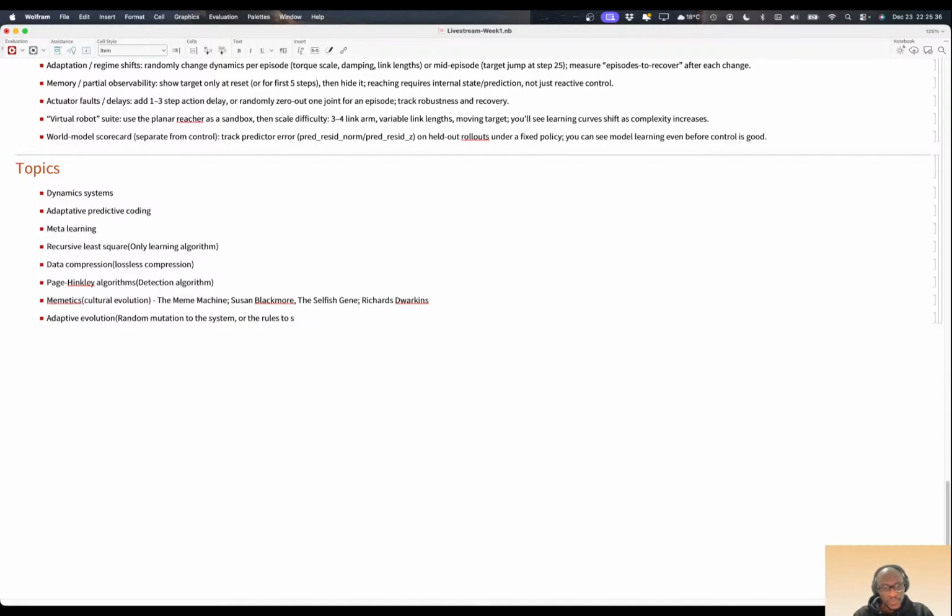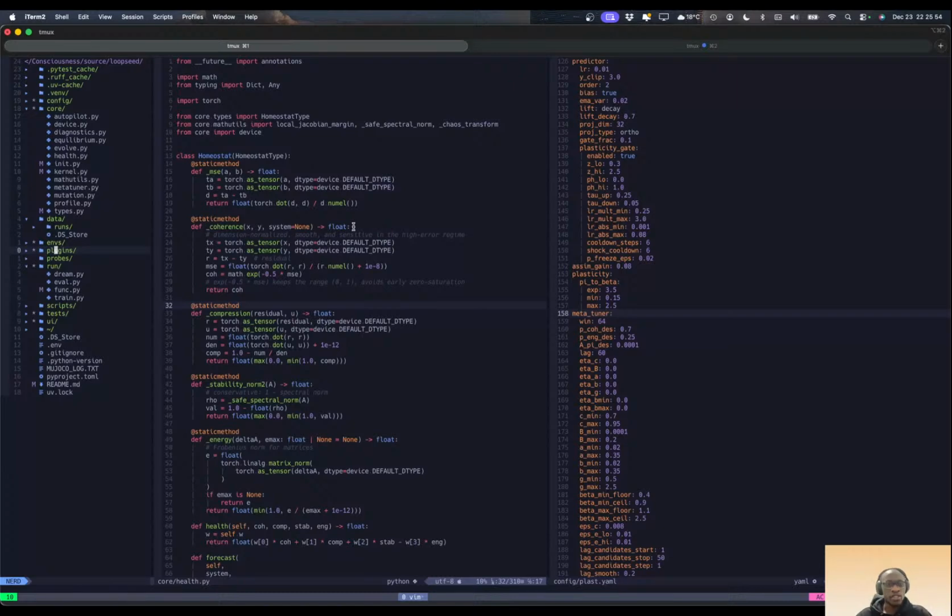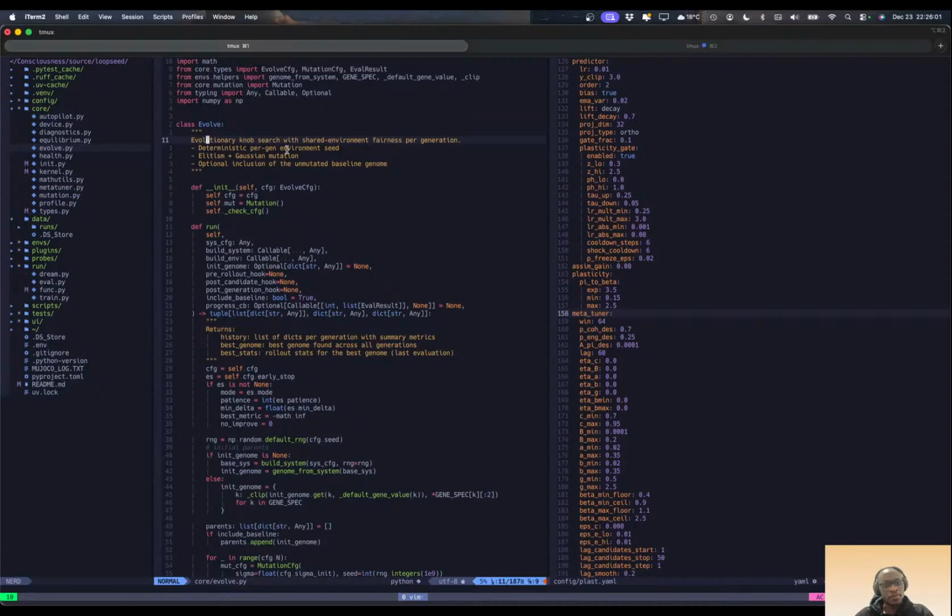So to see how the system ends up, or behaves, or learns, or in our case learns, behaves. I can't write behaves. Adaptive evolution, and I can show you an example. We have evolve right here. Evolutionary knob search with shared environment.